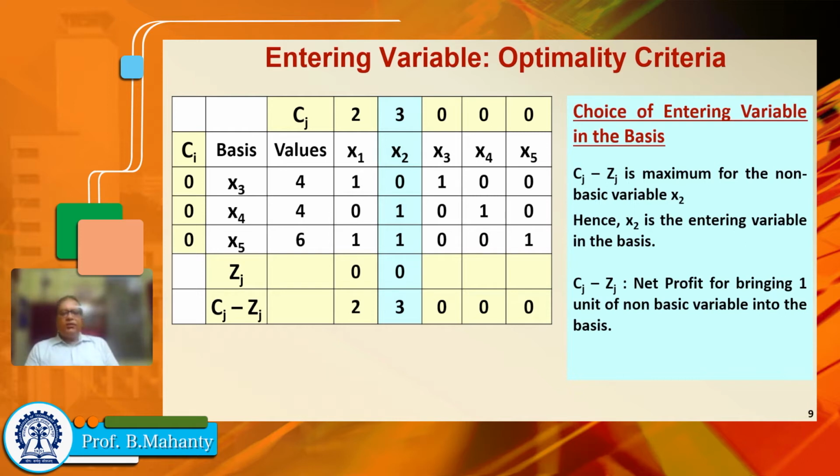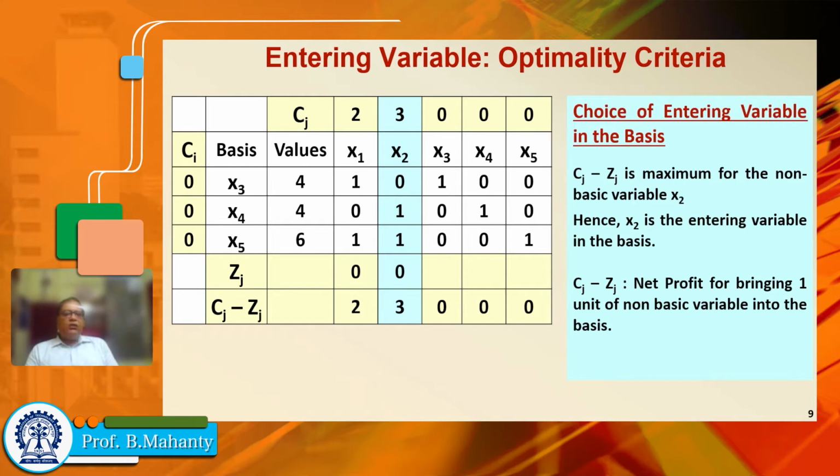So the next question is, which variable should be the leaving variable? As x2 comes into the basis, which variable should leave? Should it be x3 or x4 or x5? So that we have to decide. Now look here, which one is the bottleneck resource that we have to work out.